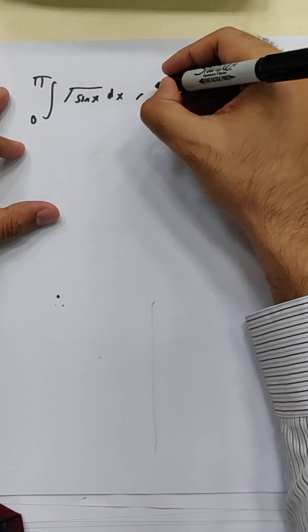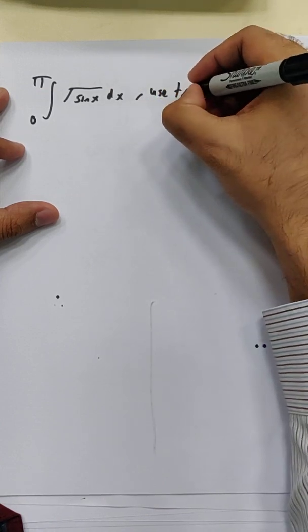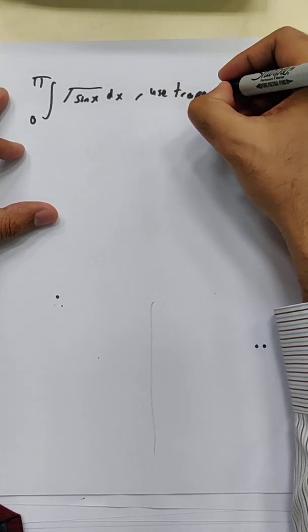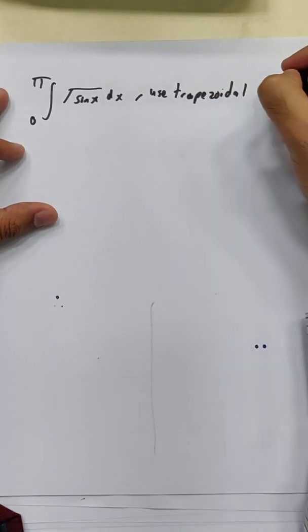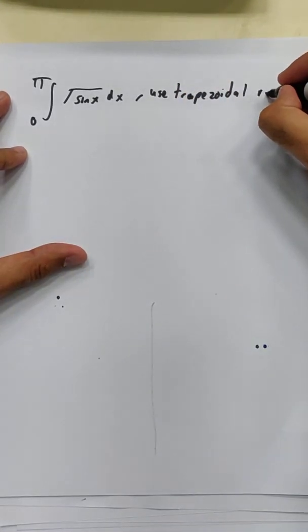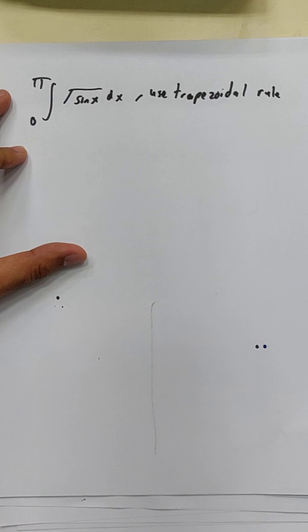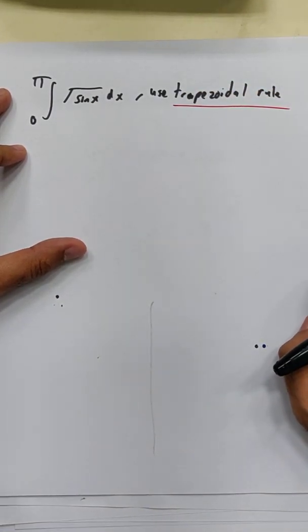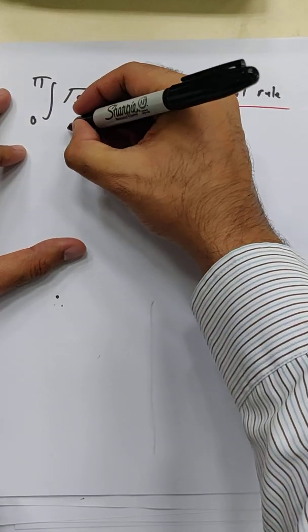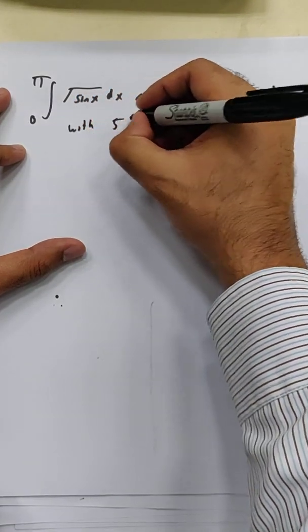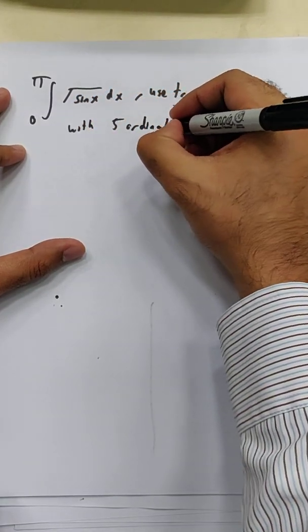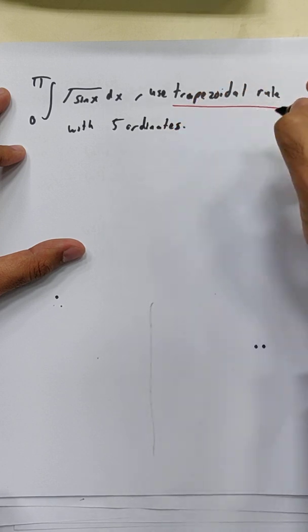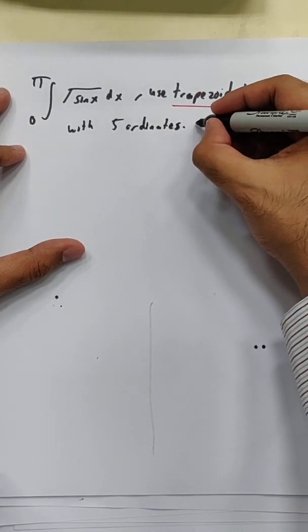Use trapezoidal rule. If in the exam they tell you to use trapezoidal rule, then you don't have much of a choice. You must use trapezoidal rule. You cannot use normal integration. With 5 ordinates. Correct to 4 decimals.